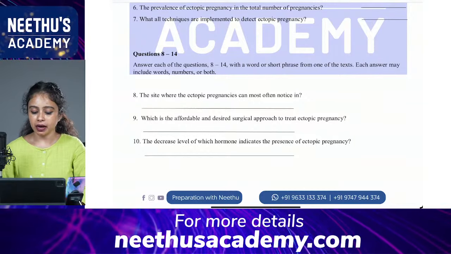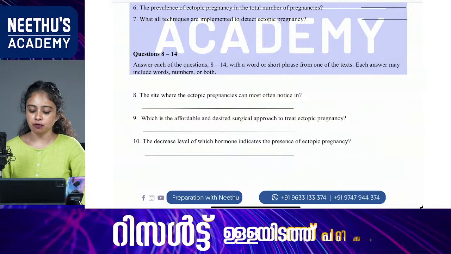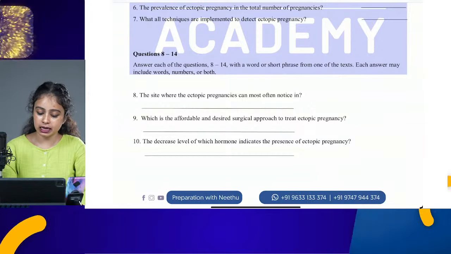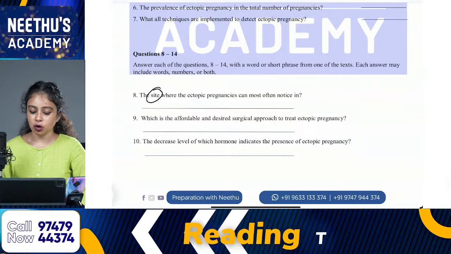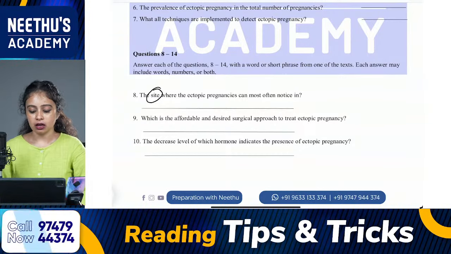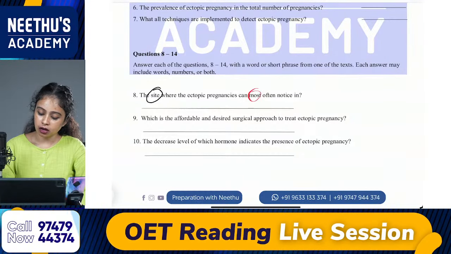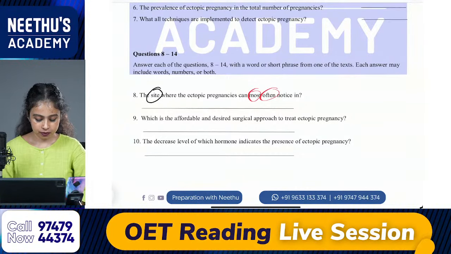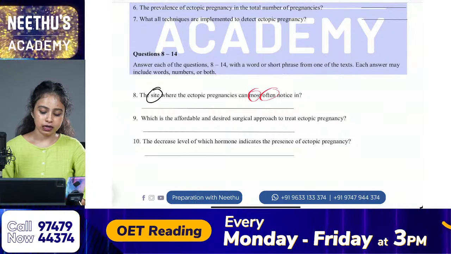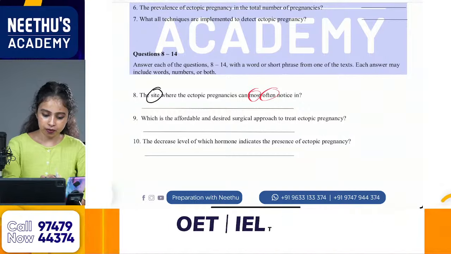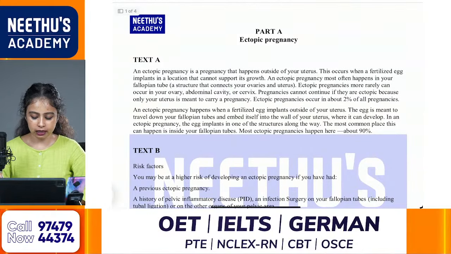The site where the ectopic pregnancies are most often noticed. So the key words from the question: the sites where the ectopic pregnancies are most often noticed in. So where is the site most often noticed in? Any idea? Okay, so yes, it is mentioned here in text A. So what is the correct answer?